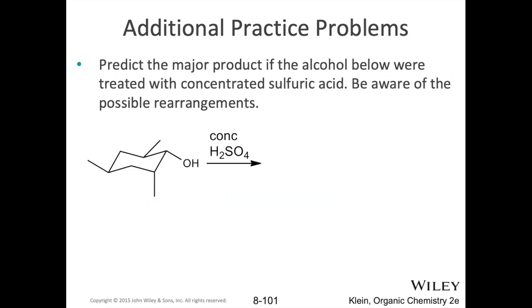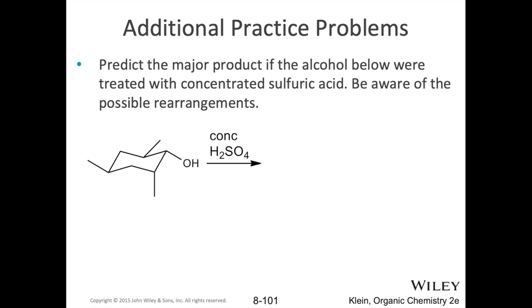Now look at these reagents. Here we're using concentrated sulfuric acid. Keep in mind that encourages our alcohol group to leave as a water molecule, and you get a carbocation. That's going to be an E1 elimination, right? So with that being said, ask yourself, what does that carbocation look like, and will it rearrange?